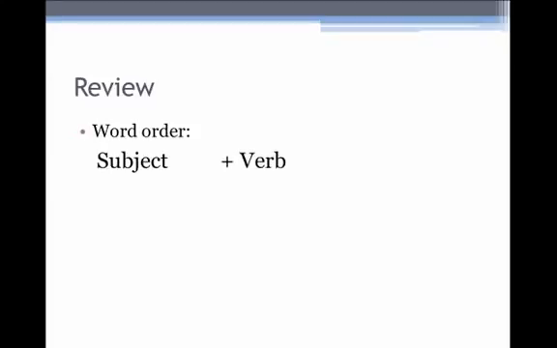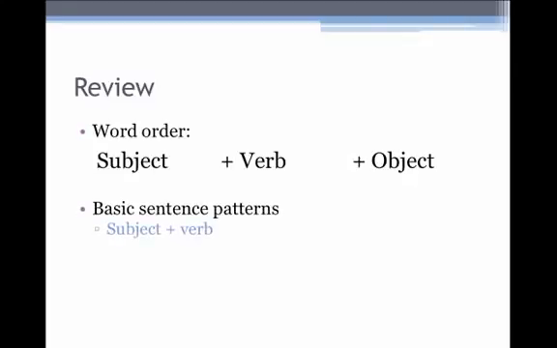So let's review. What is the basic sentence structure? It's subject, verb, object. We call English a subject, verb, object language. And here are the 5 basic sentence patterns. Subject plus verb.